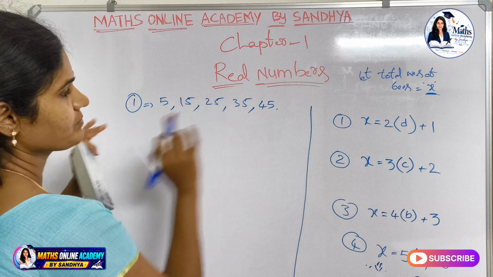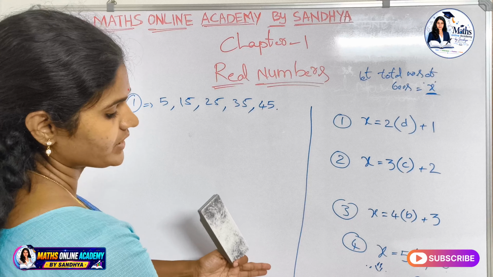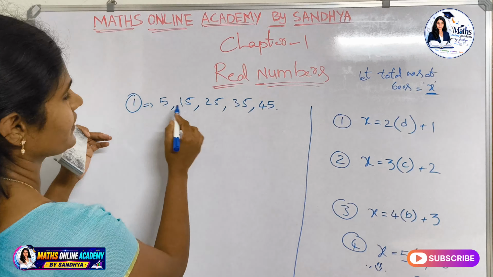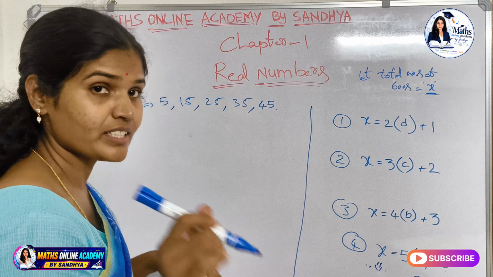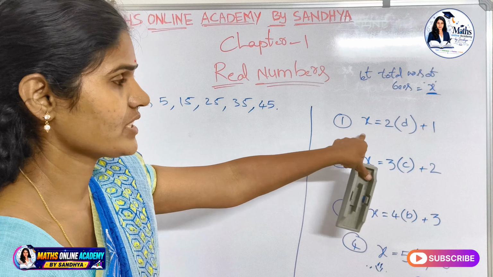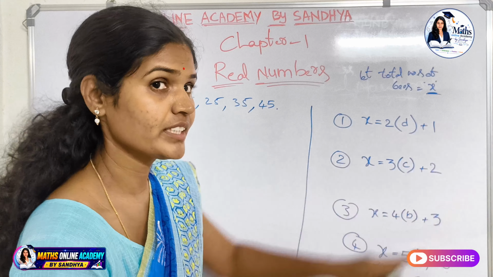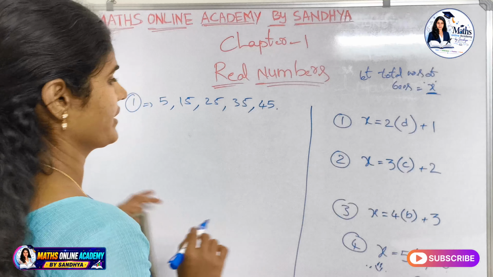From the first condition, we filtered from 5 to 50 down to 5 to 45, and that number is compulsorily an odd number. The first condition clearly mentions plus 1, and plus 1 means it will become a compulsory odd number.